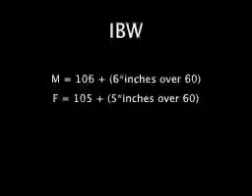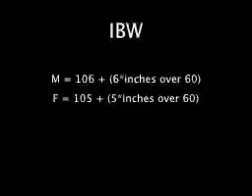Female is 105 plus 5 times the number of inches over 60. Be aware that this calculation gives ideal body weight in pounds. If you are dealing with a calculation that requires kilograms, you will need to divide your answer by 2.2 to get to kilograms.